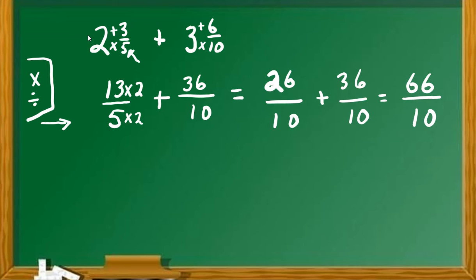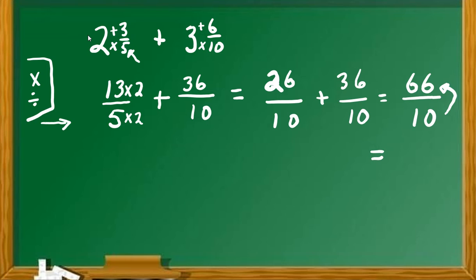If we want to convert this to a mixed number, which we usually should, we don't like to leave our answers as improper fractions. We want to know how many groups of 10 are in 66, because each group of 10 is equal to one whole. Each whole has been divided into 10 pieces.